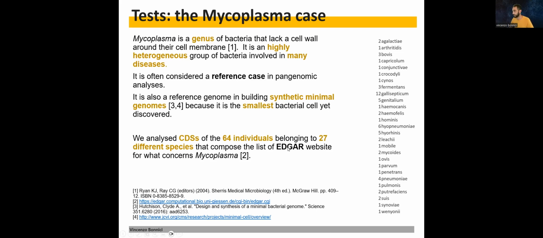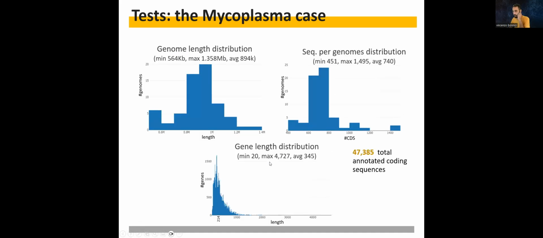Since Edgar is not a standalone pipeline, we have to use the website, and we can only run it on the isolates that are already present in the website. These were the 64 individuals that were already present in Edgar, and we used them. So these are some statistics regarding these individuals: the genome length, the distribution of the genome length.